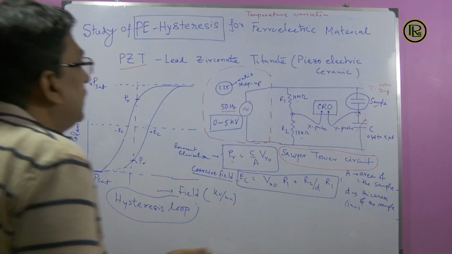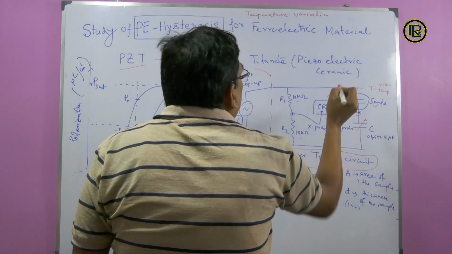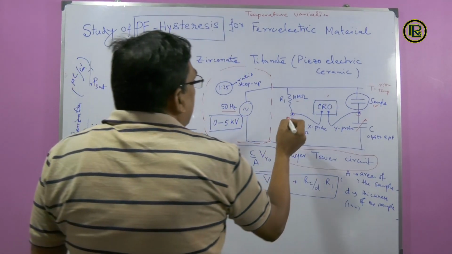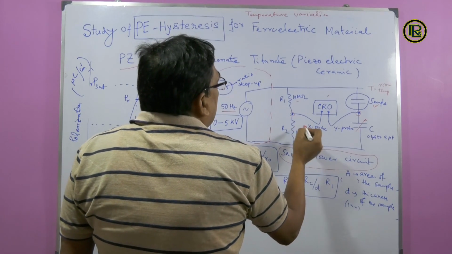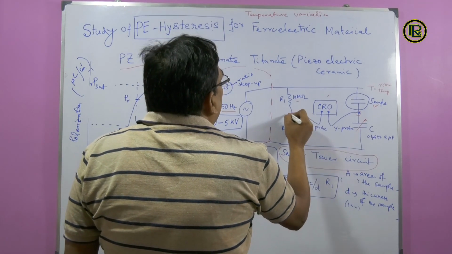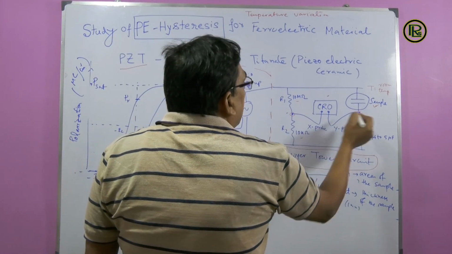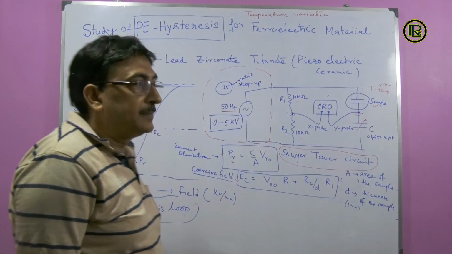In this circuit we have a CRO connected in XY mode. The X signal is taken from here, and the Y signal is taken from this point.